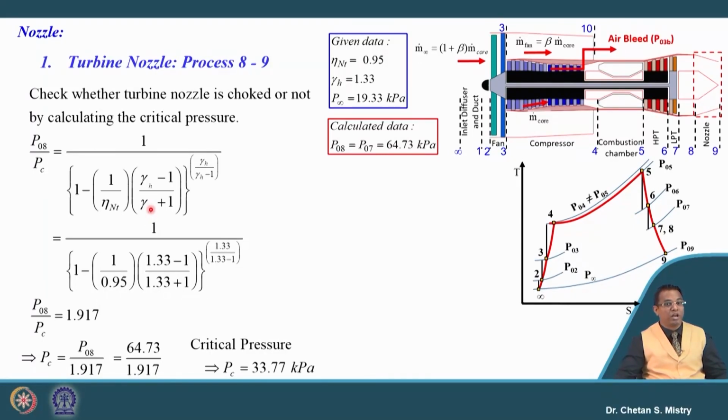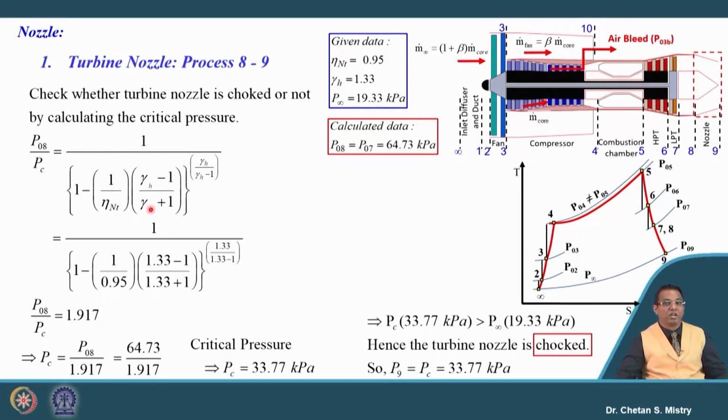What we will do now is compare this with our atmospheric pressure, which is 19.33 kilopascal. The critical pressure is greater than the atmospheric pressure, so we can say our nozzle is a choked nozzle, and the exit pressure equals the critical pressure, 33.77 kilopascal.